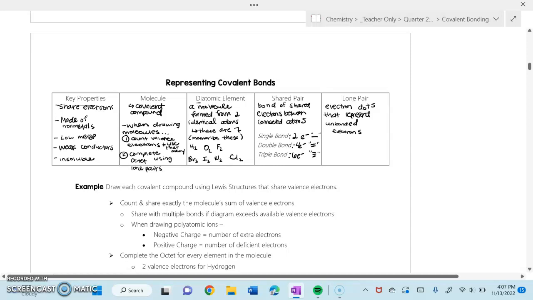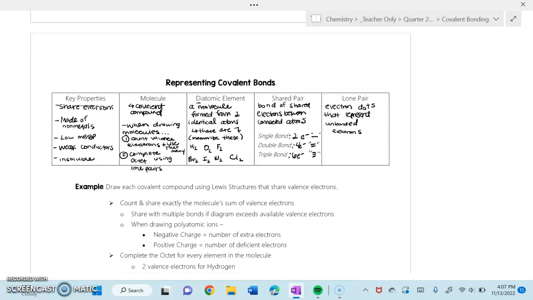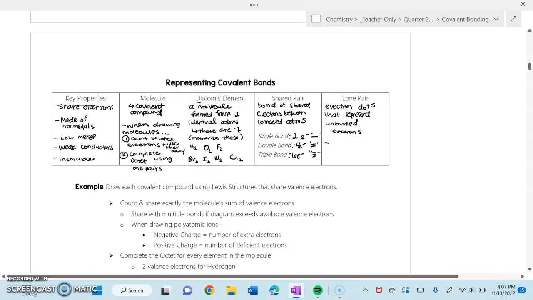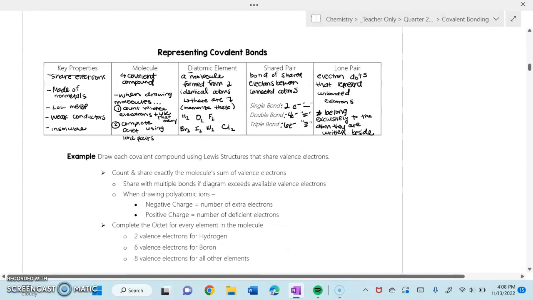They only belong exclusively to the atom that they're written beside. So we can make a note here. They belong exclusively to the atom they are written beside. So these are not really shared between multiple atoms, but they do come from a shared pool of valence electrons when drawing.